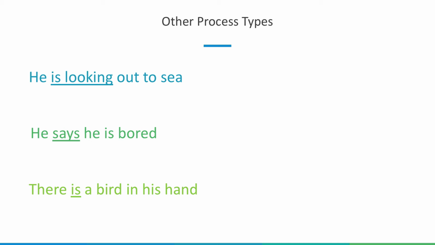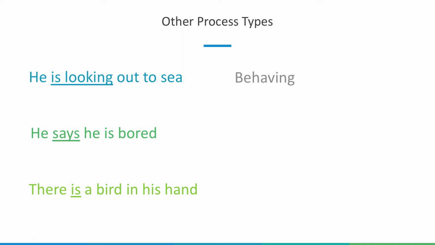It's kind of in between those. So looking is less physical than standing, but it's more physical than thinking. So this in-between category of process is called a behavioral process, or a process of behaving.